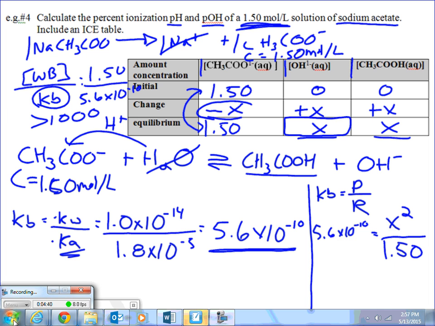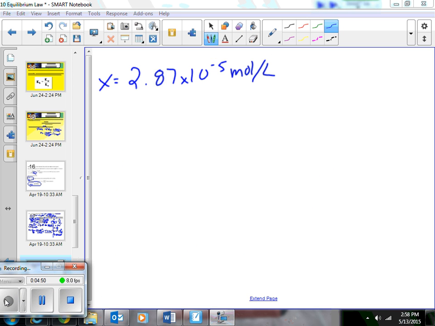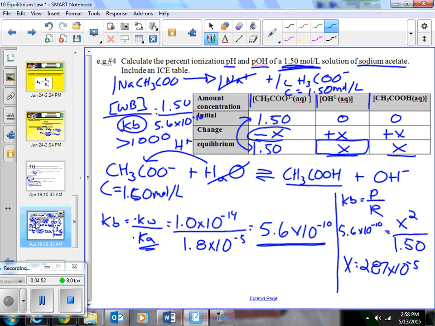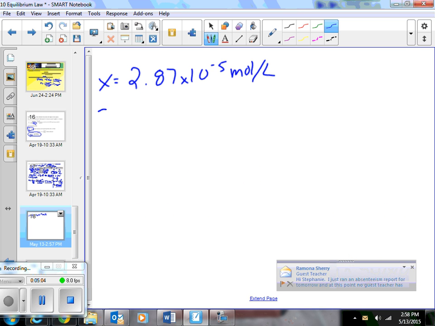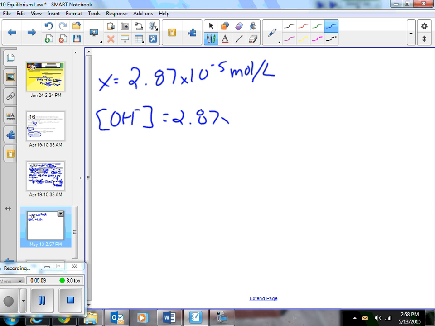When we do that and rearrange to solve for X, we get X equals 2.87 times 10 to the minus 5. So since X equals 2.87 times 10 to the minus 5, I know that's also the concentration of hydroxide, 2.87 times 10 to the minus 5 mole per liter.